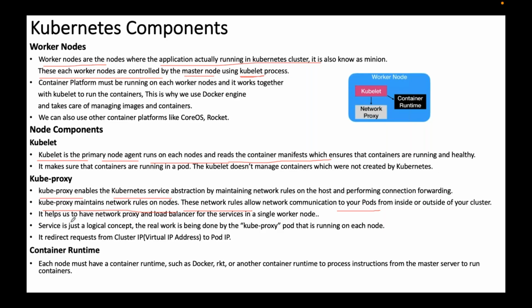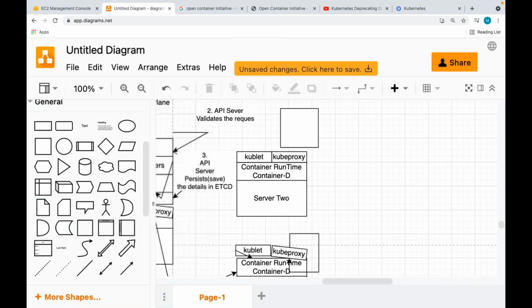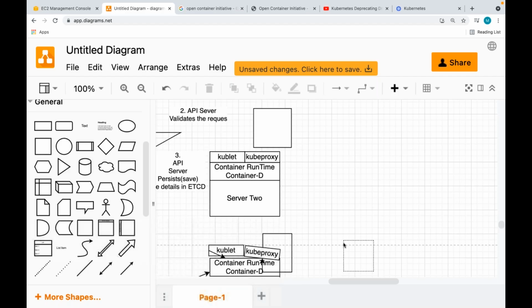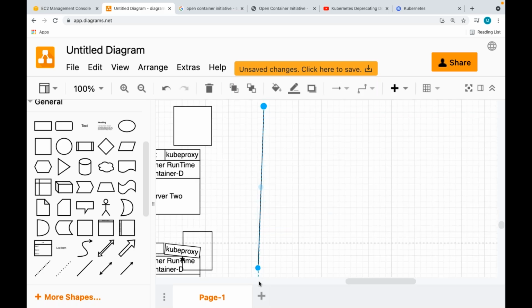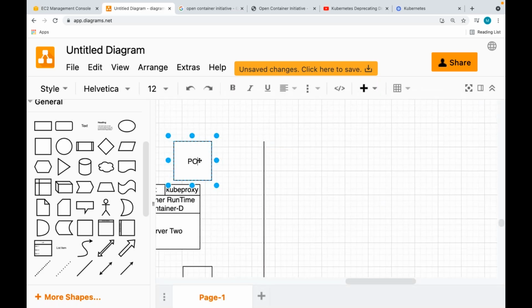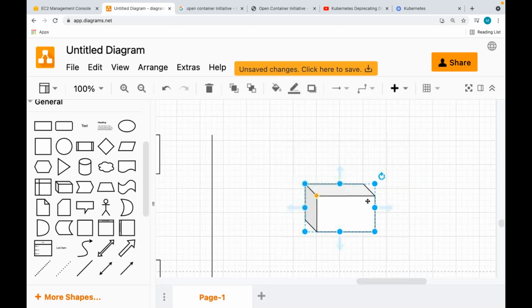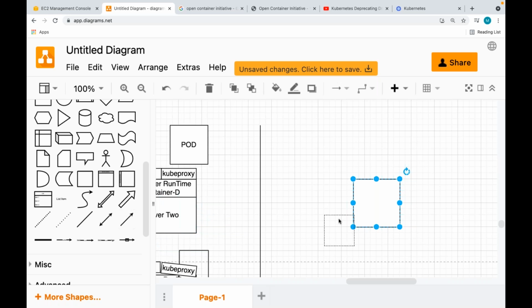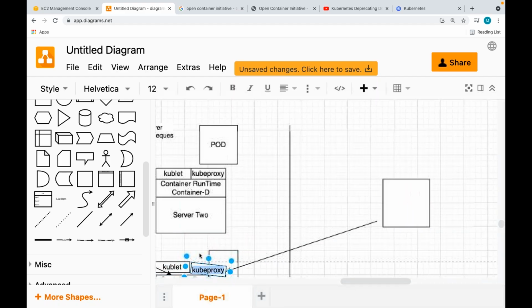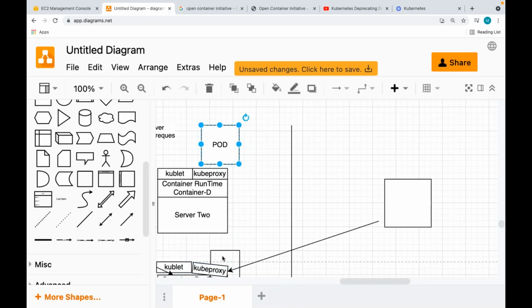Now, if I want to access an application within the cluster or outside the cluster, in the background the request will be processed by whom? The request will be processed by that kubeproxy. This proxy will help us to access the application running in Kubernetes within the cluster or outside the cluster.